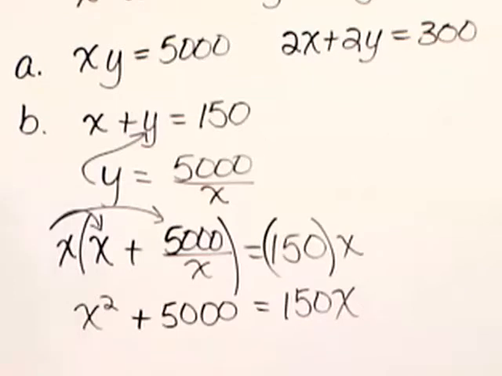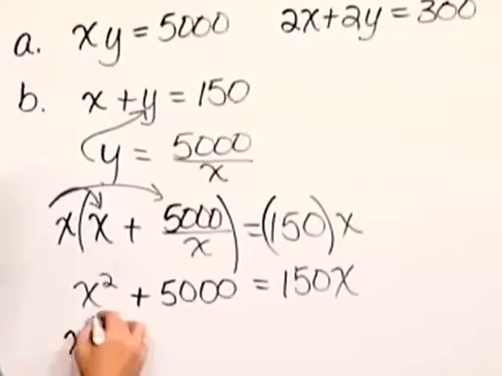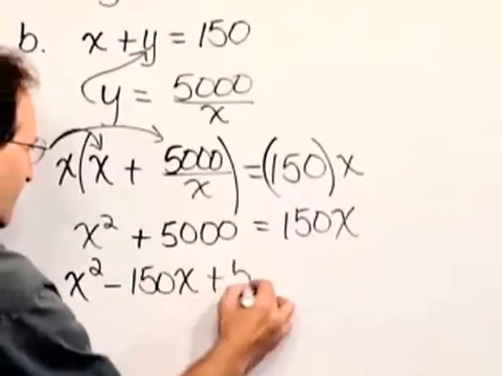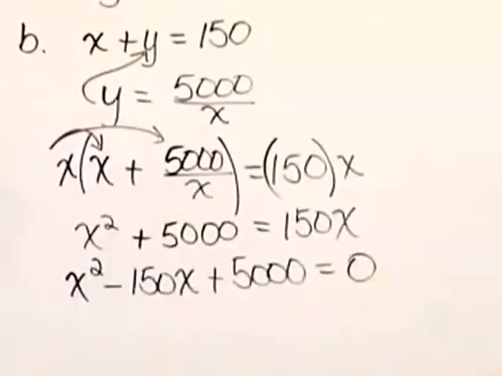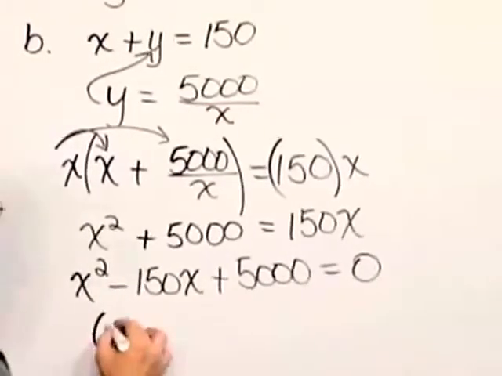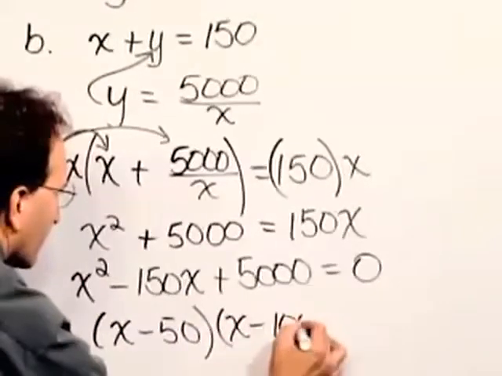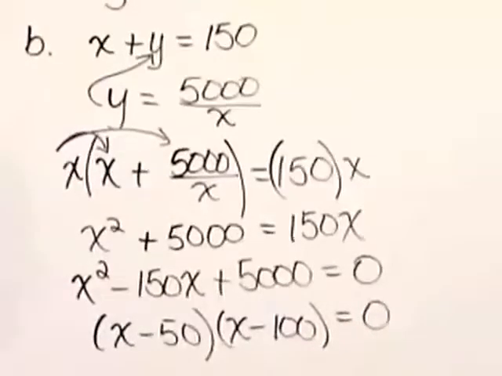Subtracting 150x from both sides so that we have a quadratic equation in standard form, we would have x squared minus 150x plus 5,000 equals 0. And now we factor the left-hand side. That factors as x minus 50 times x minus 100, and that equals 0.